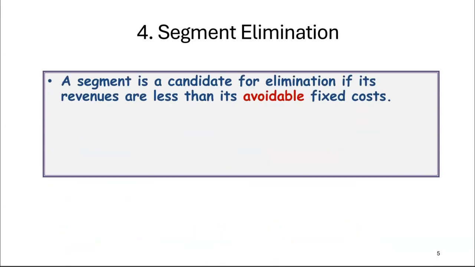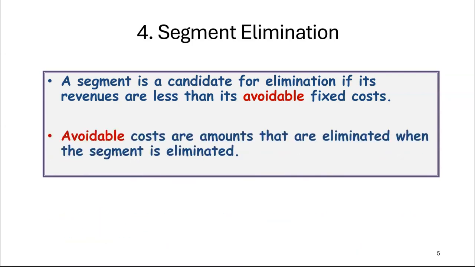Now, evaluating a segment. These are hard to do because sometimes if you have allocations, getting rid of a department may not necessarily mean that you're going to save as much money as you think. So, a segment is a candidate for elimination if its revenues are less than its avoidable fixed costs.